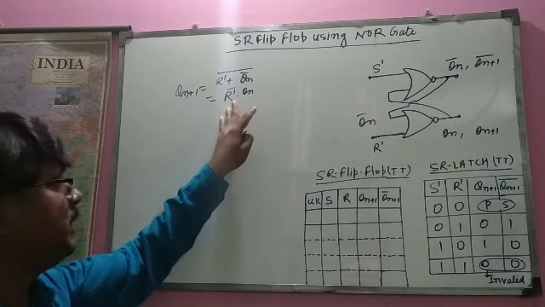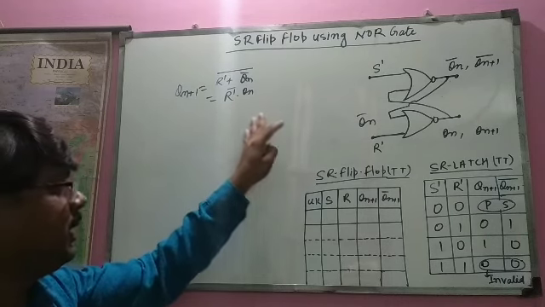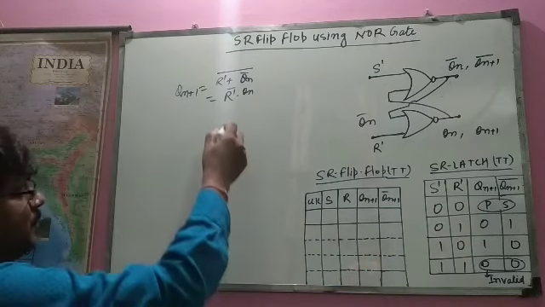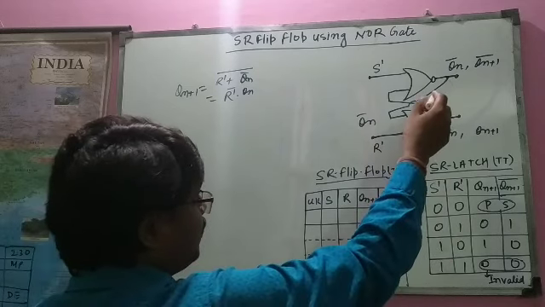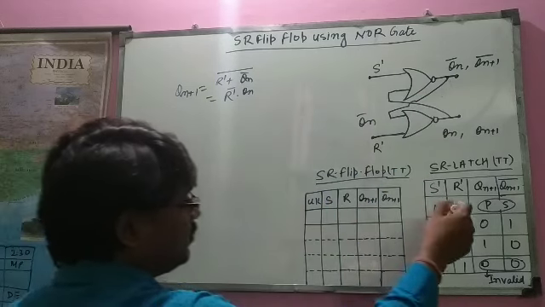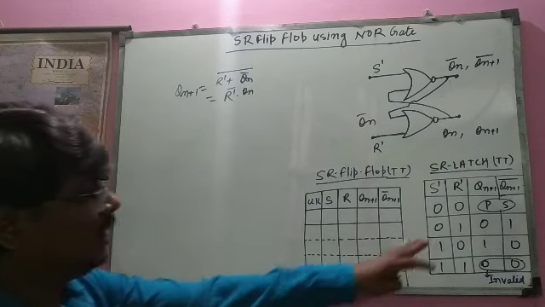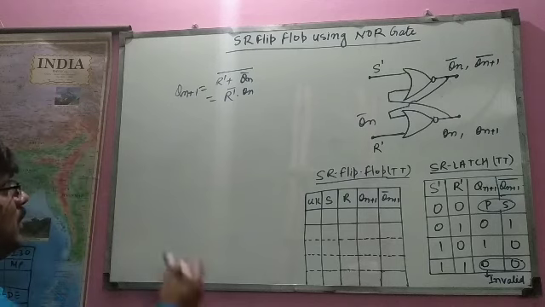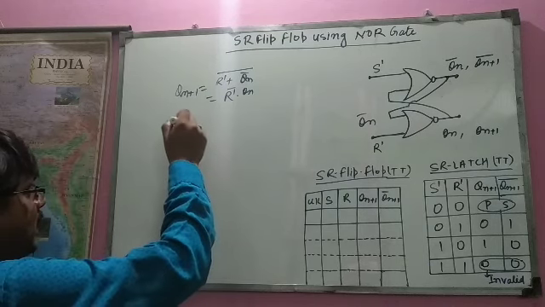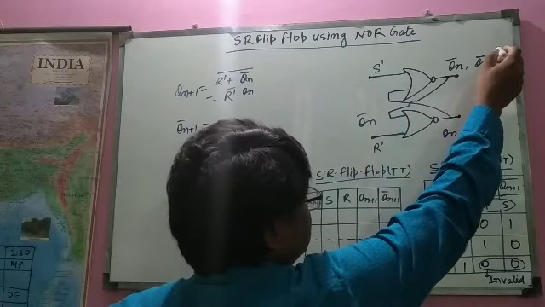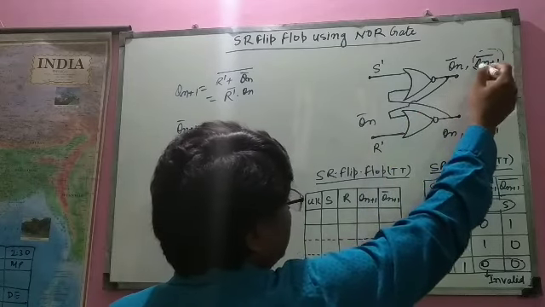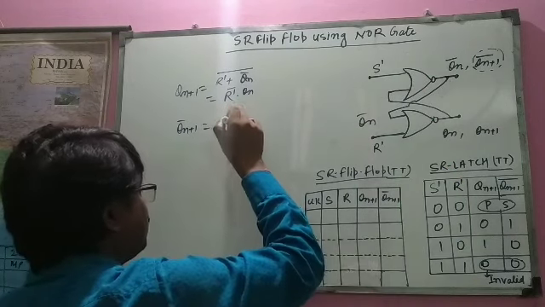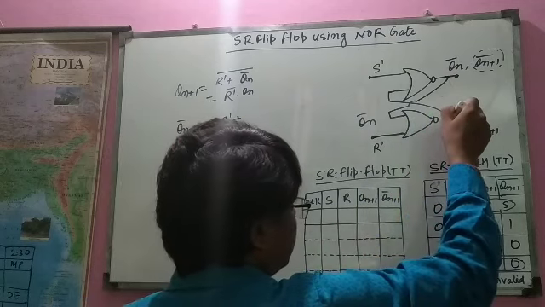So by using this formula and putting the values of S and R, with the help of Qn, the previous state, and the S and R inputs, we can calculate this one. Also, Qn plus 1 bar, we are interested to calculate this one, and this will depend upon two inputs: one is S dash, and another one is this Qn.